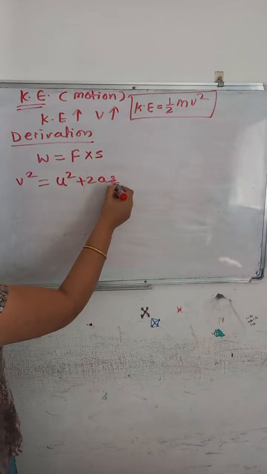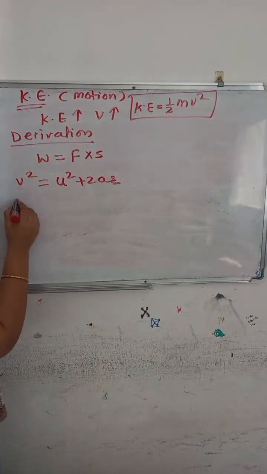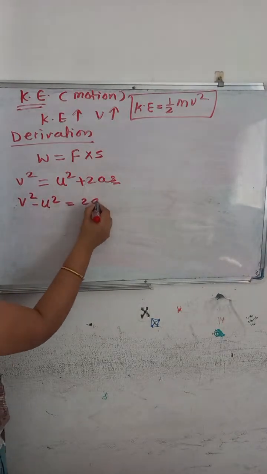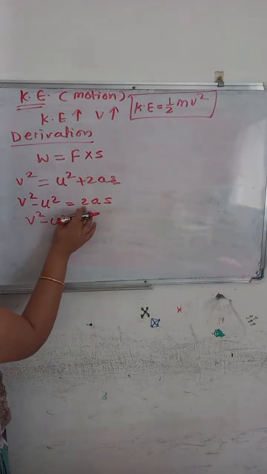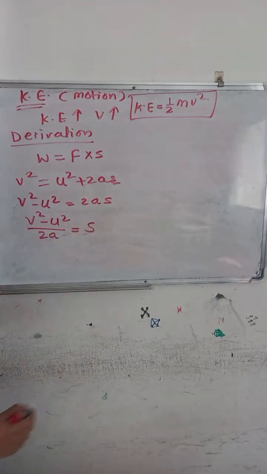From this we can calculate the distance s. Send u square to the other side: v square minus u square equals 2as. Now s is equal to v square minus u square divided by 2a. This is the s I got.